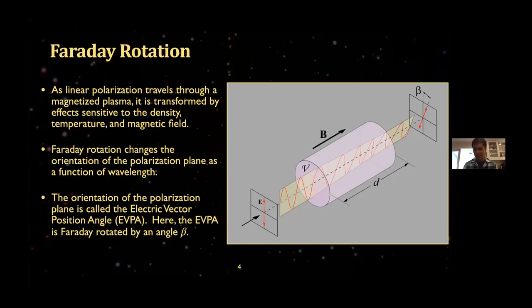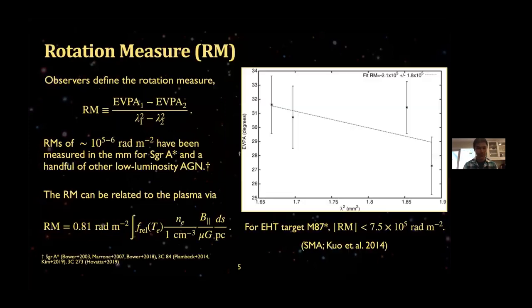And so in order to try and pick out this effect, observers define the rotation measure, which is the slope if you are to plot the EVPA as a function of lambda squared, because again, this is a wavelength squared effect. And on the right here, I'm showing a plot from Kuo et al. 2014 for EHT target M87 star.